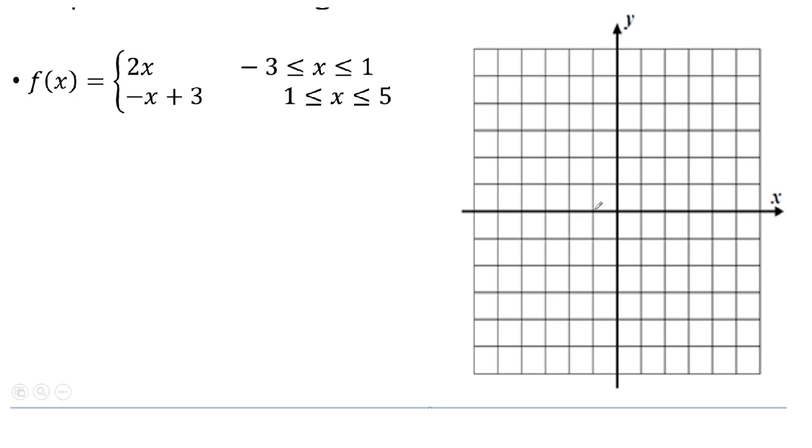So on my grid, I'm going to start with -3, -6 right here. And then I'm going to graph -2, -4; -1, -2; 0, 0; 1, 2, and I have to stop right here because that's my restricted domain.